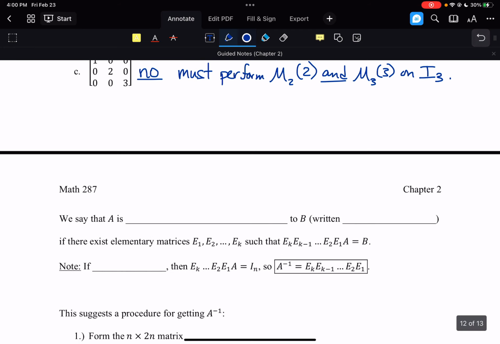So we say that A is row equivalent to B, which notationally is written A with kind of a squiggly arrow with the word row over it, pointing to B. So this is A is row equivalent to B, if there exist elementary matrices, E1, E2, all the way up through EK, such that when multiplied by A, that equals B.